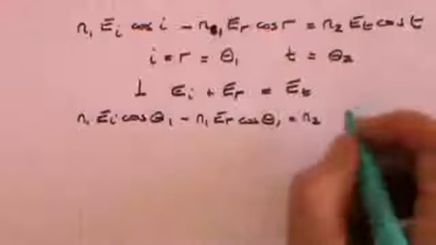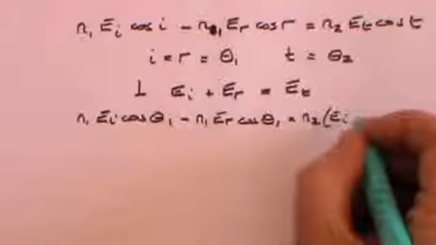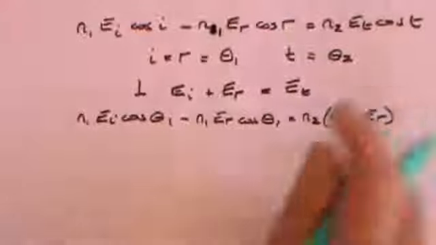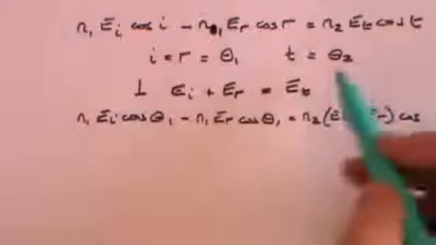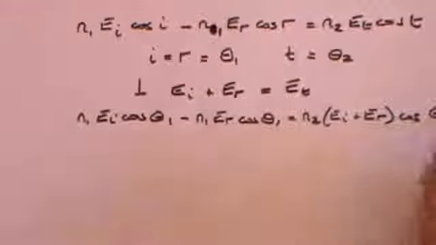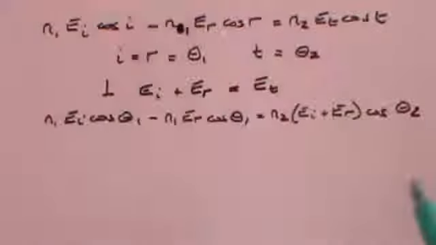Well, ET is EI plus ER times the cosine of T, but T is theta 2. And I've just slightly adjusted the camera so that cosine theta 2 comes on.